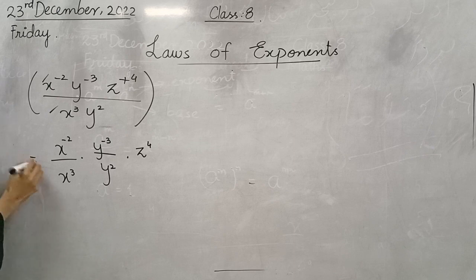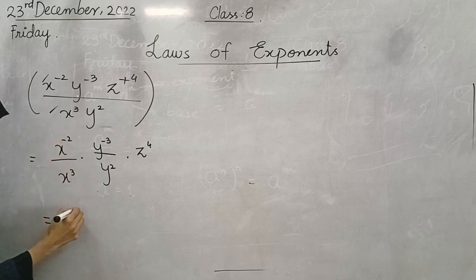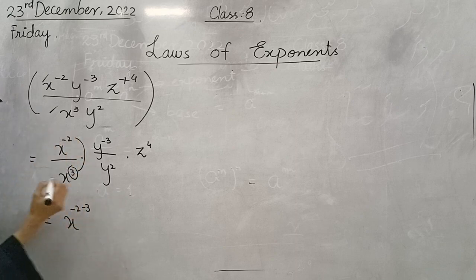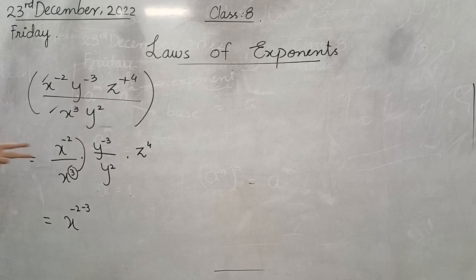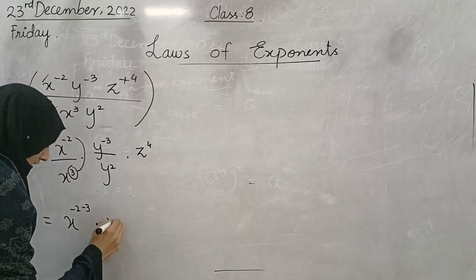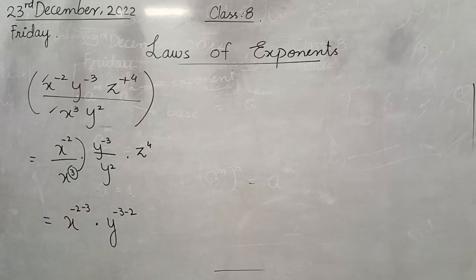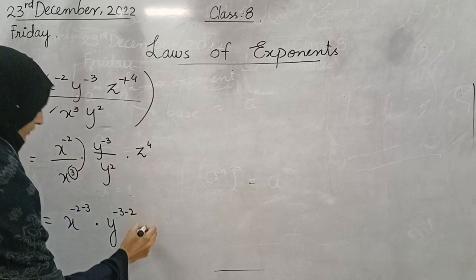Good. You will subtract the exponents: x raised to power minus 2 minus 3. Similarly, again we have two bases with two different exponents in division form, so we will subtract minus 3 minus 2. And in the last we have z raised to power 4.